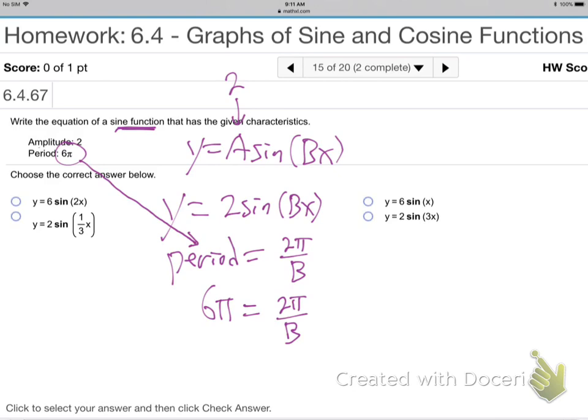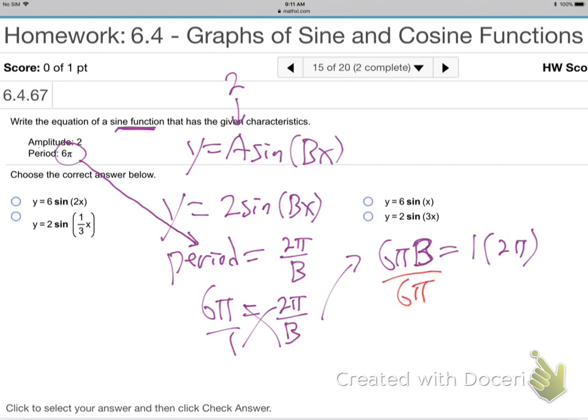How do I solve that now for b? Put this over 1, diagonal, right? Bring it up here. 6 pi times b is 1 times 2 pi. To finish getting b alone, divide by 6 pi. b equals, pi's cancel, 2 over 6, which reduces to b equals 1/3.